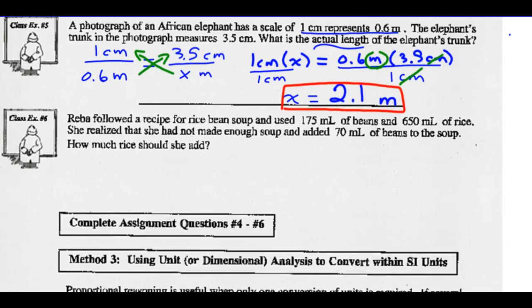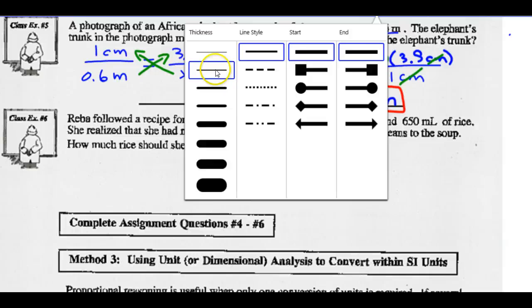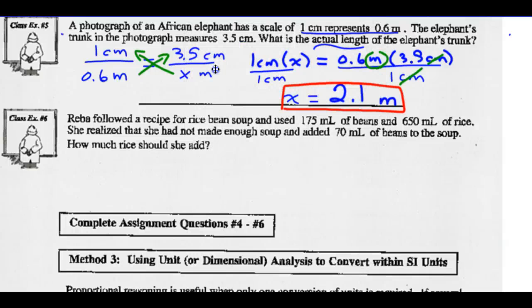Example 6. Reba followed a recipe for rice bean soup and used 175 milliliters of beans and 650 milliliters of rice. She realized she had not made enough soup and added another 70 milliliters of beans to the soup. To keep the ratio consistent, how much rice should she add?